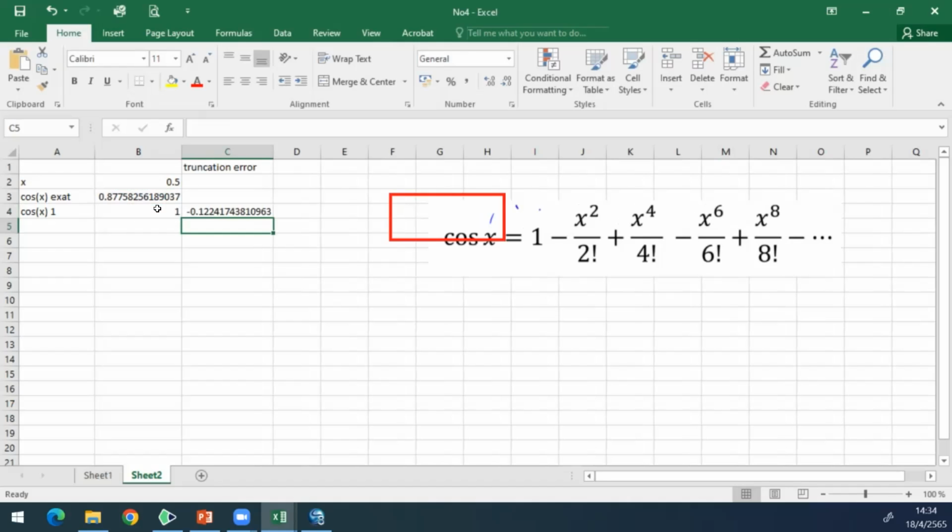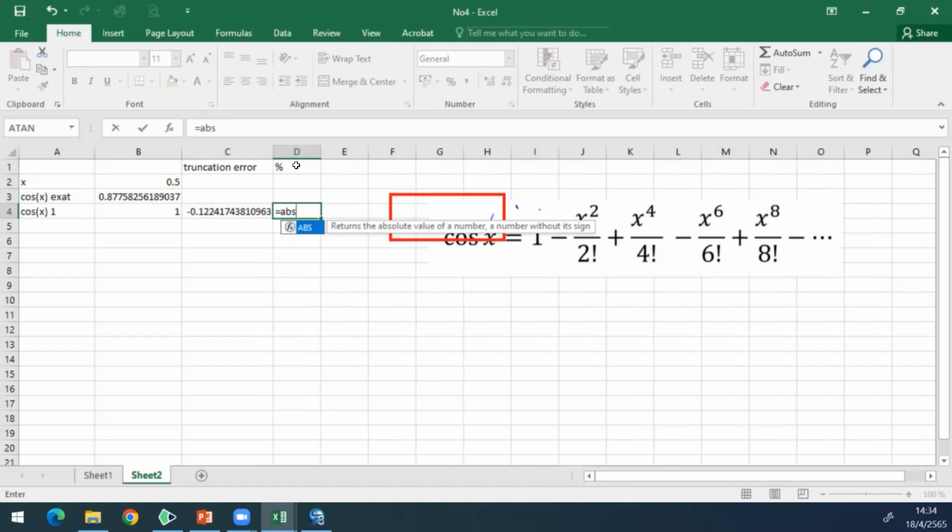And if we would like to determine it in percent, we do the same thing and divide by the exact one, right? It's 13% for this case.